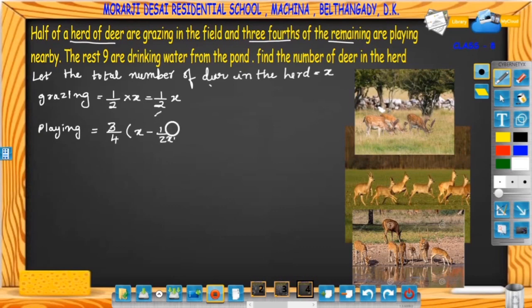So x minus half x is remaining. So playing deer is equal to 3/4 of x minus half x. That is 3/4 into 1x minus half x. 1 minus half is half. So 3/4 into half x, that is 3/8 x.